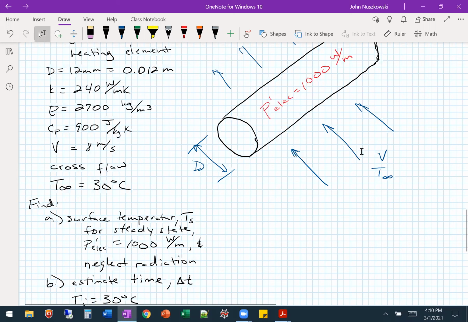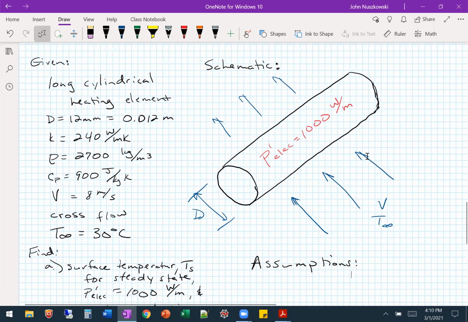So we have this long cylindrical heating element with 1,000 watts per meter inside. We have a lot of properties and dimensions.